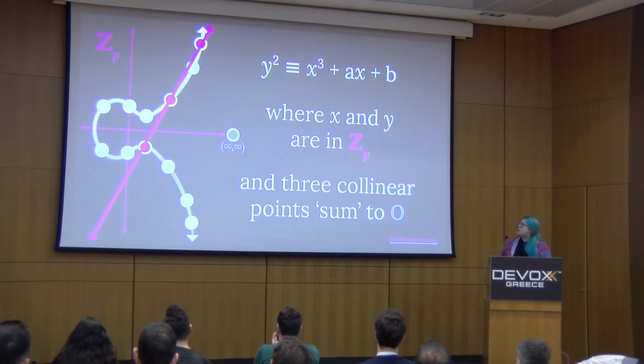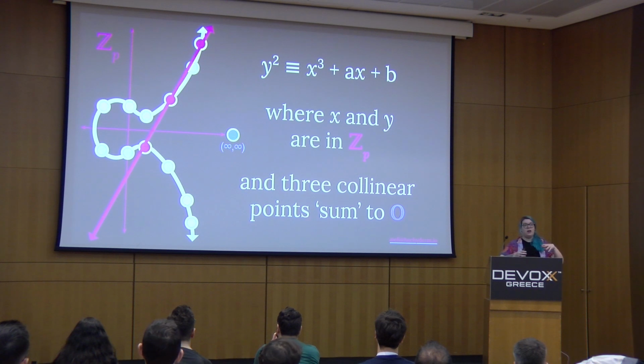And we can define a group with these objects, because what we need to do is define a combination operation, something that takes two of these things and gives you another one. So what we do is we include the point at infinity. We say, okay, infinity is also part of this set of things that we're going to care about.